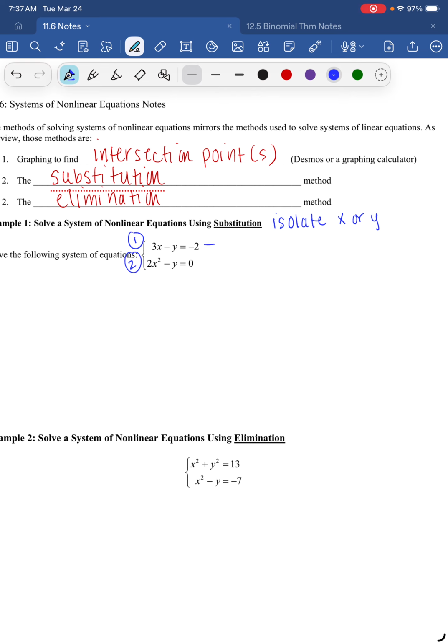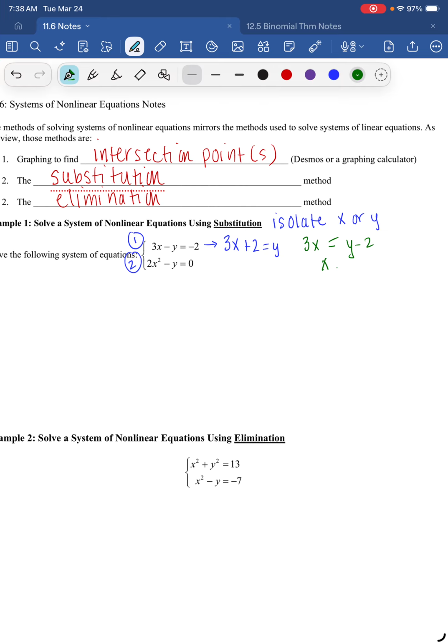Okay, options. You could, if you wanted to, in the first equation, isolate y, and you could say that 3x plus 2 is equal to y. That's an option. You could isolate x, and you could say that 3x equals y minus 2, and then divide both sides by 3.